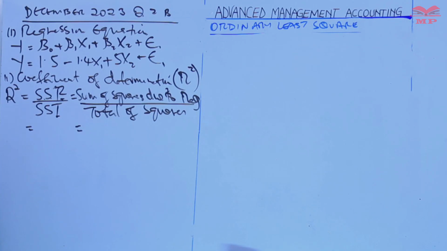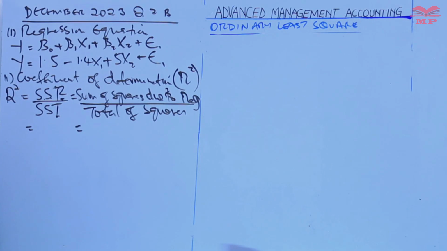Look at the model. The sum of squares. Can you see that? We have the sum of squares, then we have the error.